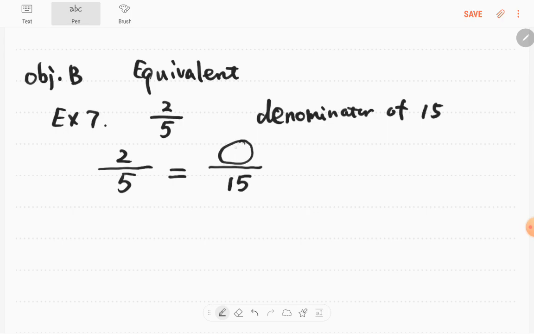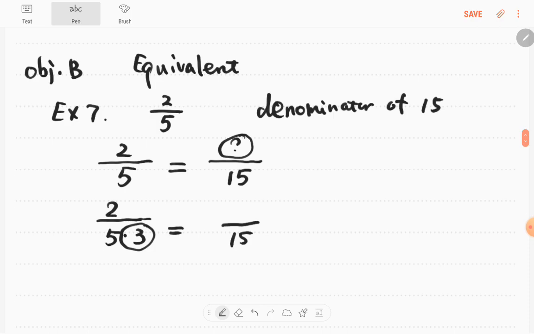So we just need to find the numerator. We can do it this way, because we want to change 5 to 15. We know 5 only needs to be times 3 to be 15, right?